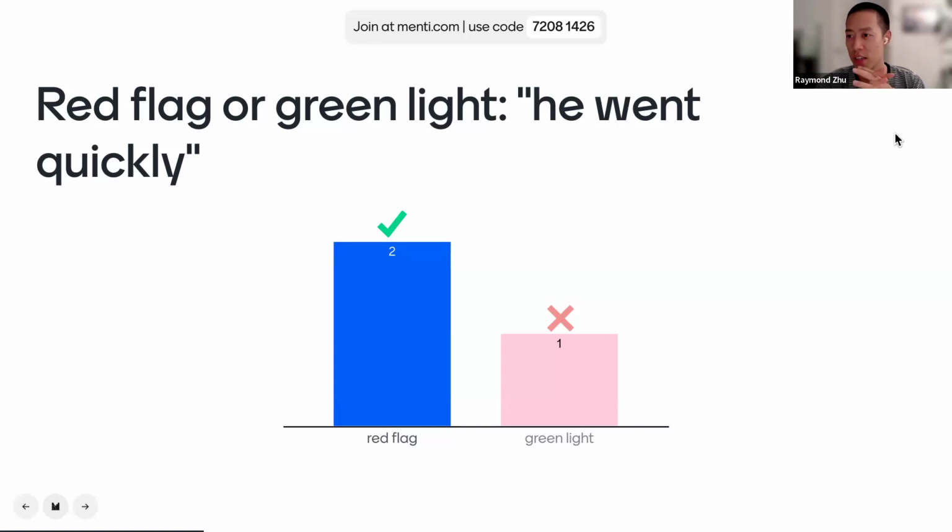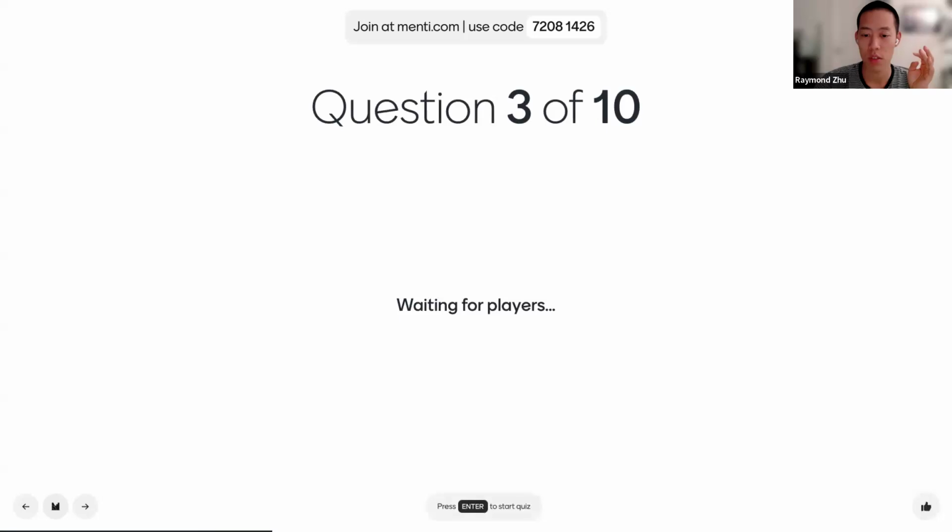And I told you guys that one of the reasons adverbs are a red flag is that sometimes a bad adverb doesn't modify the meaning of the verb. And this is a perfect example of this, where he went quickly. I guess I would say it does sort of modify the verb, but it could be easily replaced with a better verb, right? So instead of he went quickly, you could just say he dashed or he sprinted, right? So I see this all the time on your homework. It's just a case of it could be better with a better verb and it's more precise. So good job to those of you that got this one right.